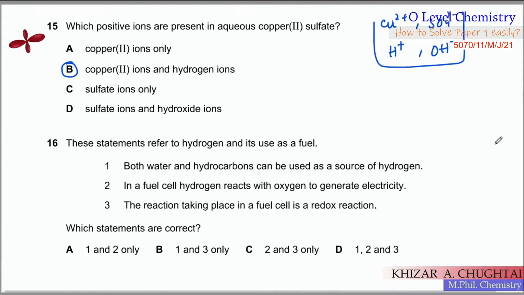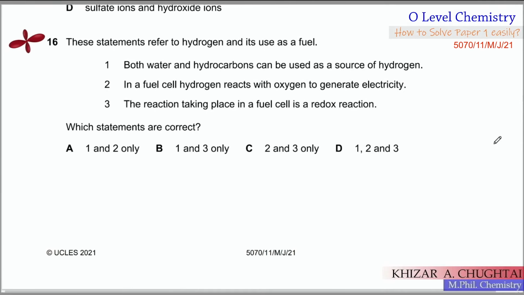The next one is question number 16. These statements refer to hydrogen and its use as a fuel. Both water and hydrocarbons can be used as a source of hydrogen. Yes, water can be electrolyzed into hydrogen and oxygen, and we can crack hydrocarbons into hydrogen. The first one is correct. In a fuel cell, hydrogen reacts with oxygen to generate electricity.